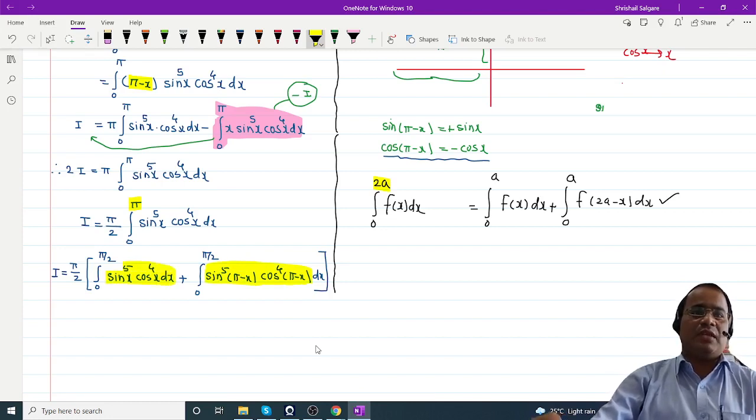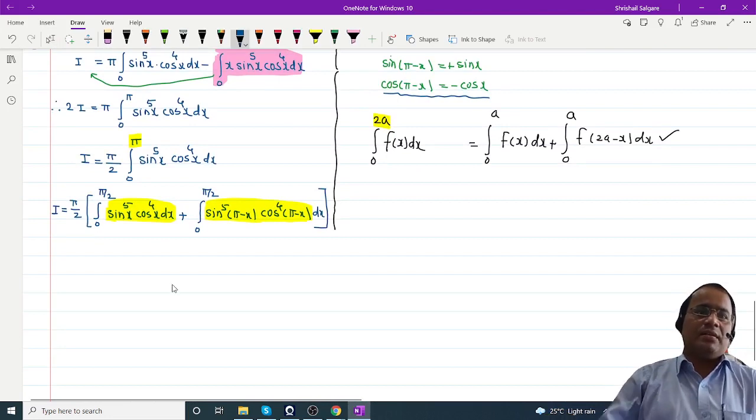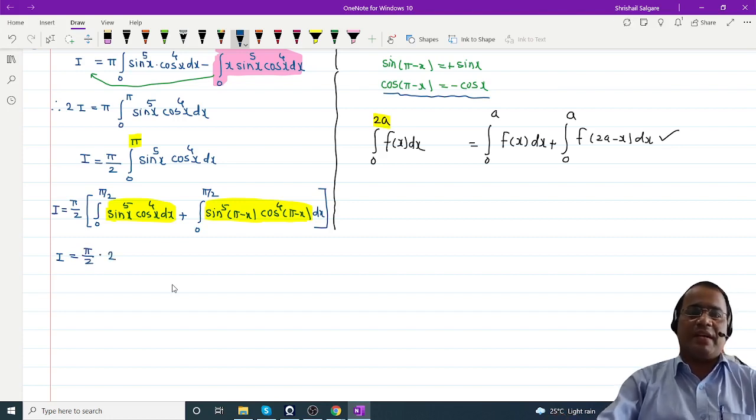Both become the same. Can I write directly 2 times, or do I have to simplify? In the above step that same thing was simplified here. So that integral I can be written as pi by 2 into the same integral 2 times. That's why I will write 2 times.